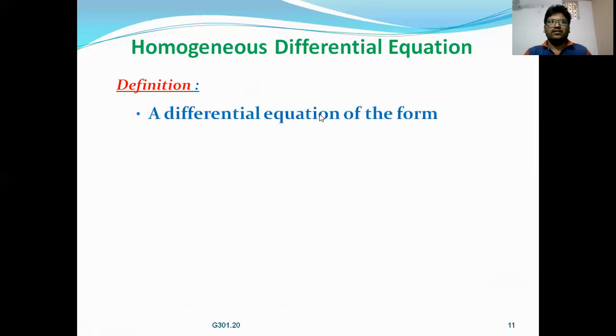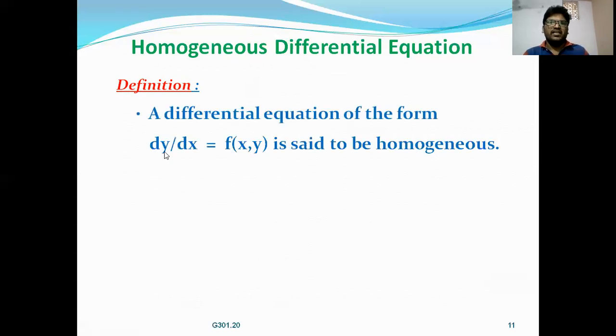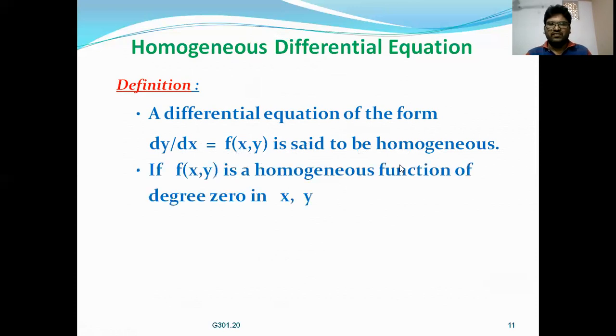A differential equation of the form dy by dx is equal to f of x comma y is said to be a homogeneous differential equation if f of x comma y is a homogeneous function of degree in x and y.